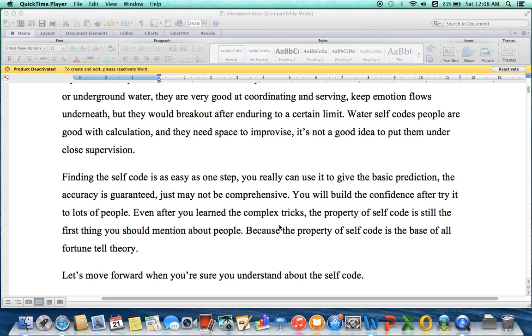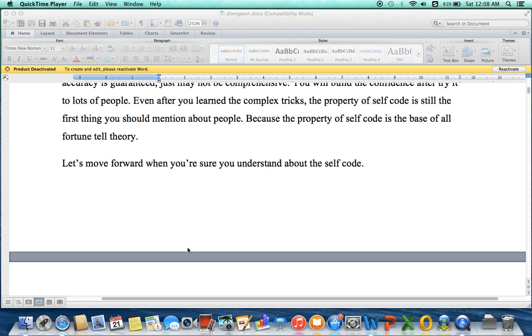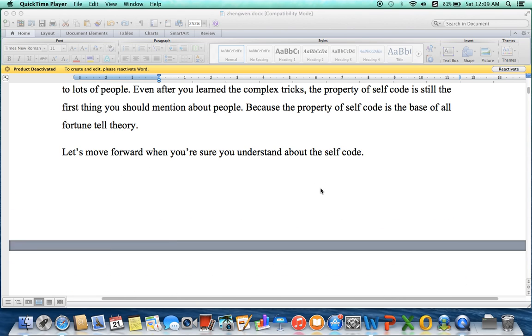In the future, you may learn some complex tricks, but the property of the self code will still be the first thing you should mention about people because it is the base of all fortune telling theory. Let's go forward if you understand so far.